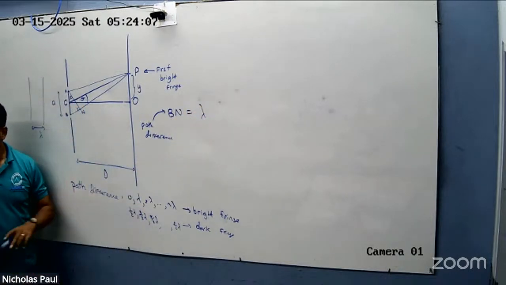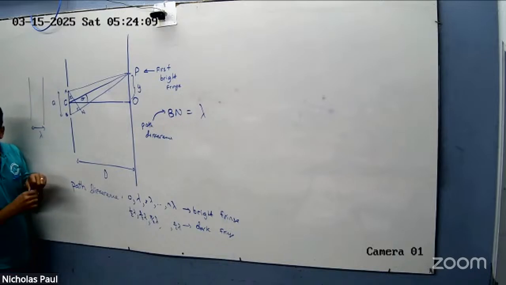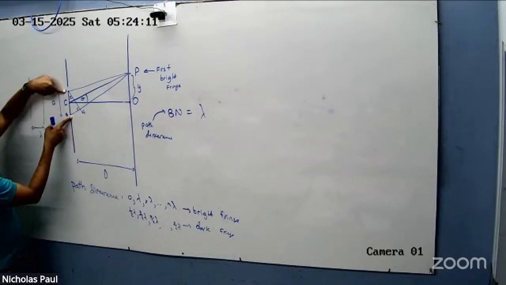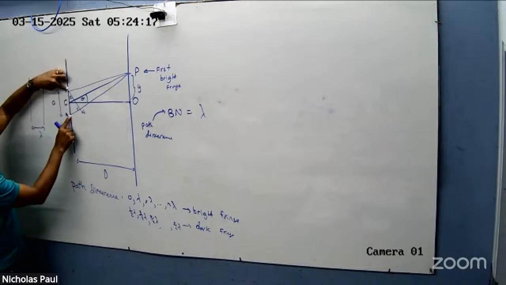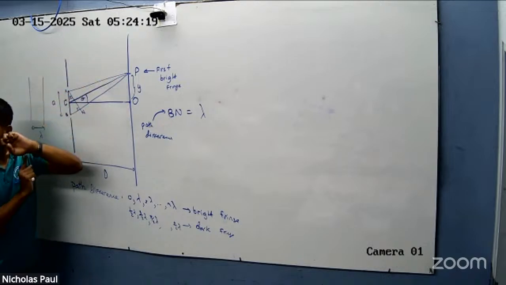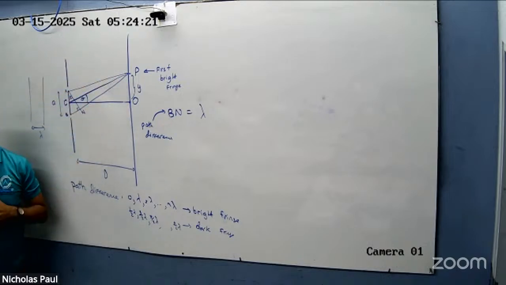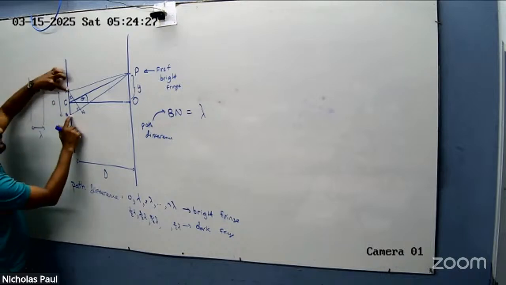See if this makes any sense. So you're starting here, and when they both travel to O, the path difference is how much? If they start here and they travel to O, the path difference is what? 0. Did they travel the same length? From here to here is the same length.